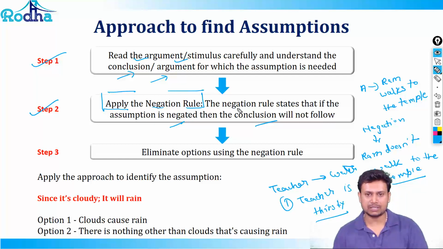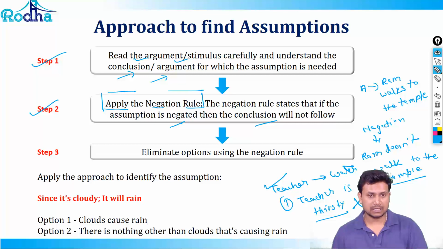And my negation rule tells me that if the assumption is right, then the conclusion will not follow. Let's negate it. It would mean teacher is not thirsty. Now think, if the teacher is not thirsty, can he still ask the student to get the glass of water? The answer is yes, which means this is the wrong assumption.